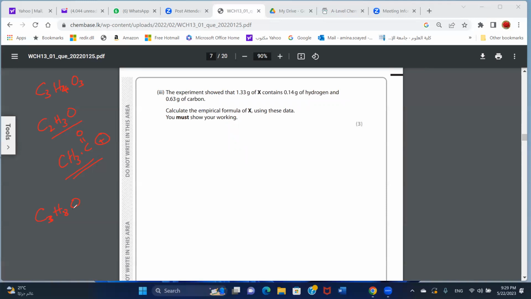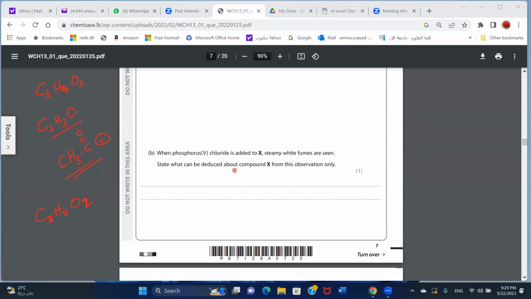Who wrote the empirical formula of X? No one wrote it? Abdurrahman, what was the empirical formula of X? C3H8 what? O what? C3H8O2. Yes. Okay, so this was the empirical formula of X.